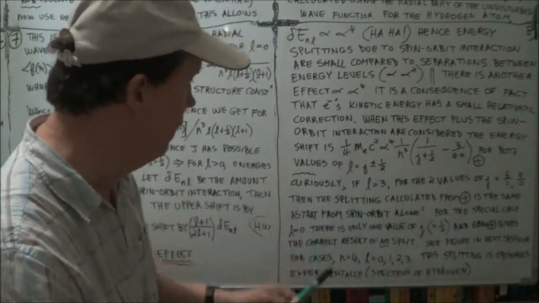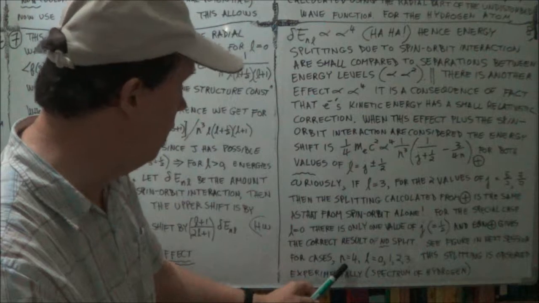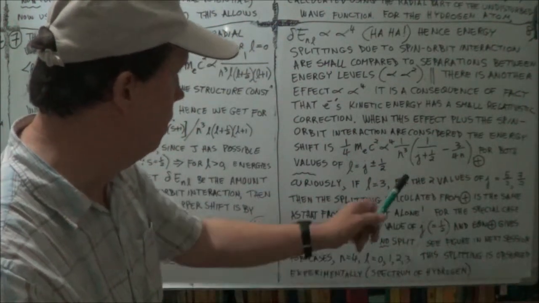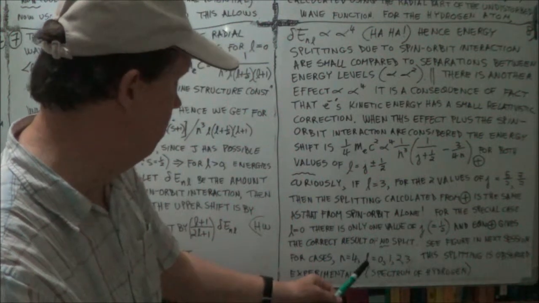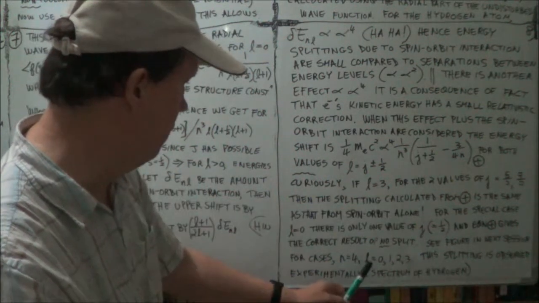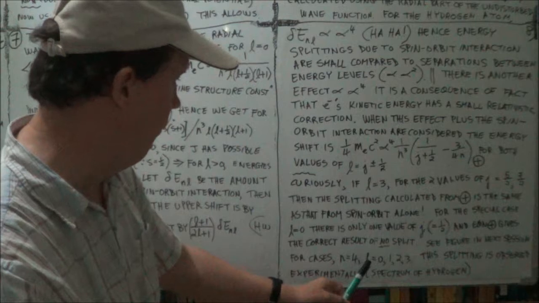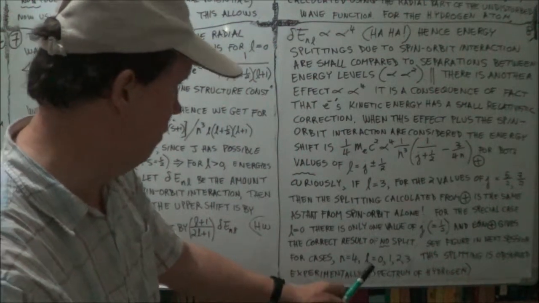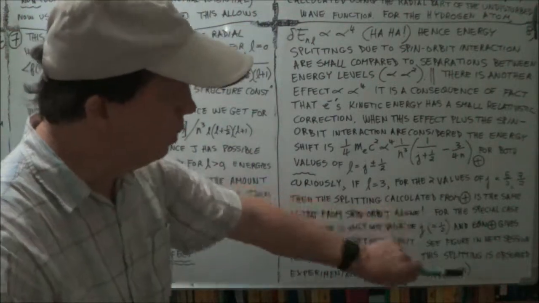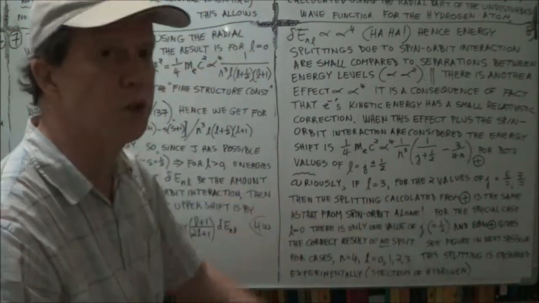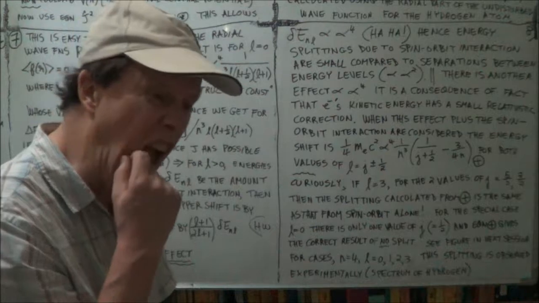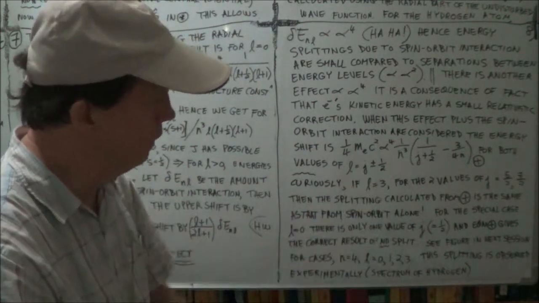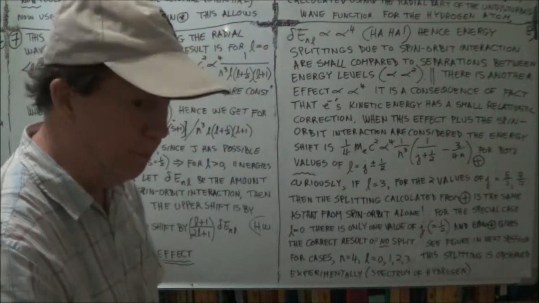If you know n, and here you know L, so this is for J. So is it ignoring spin? Not too sure about that.